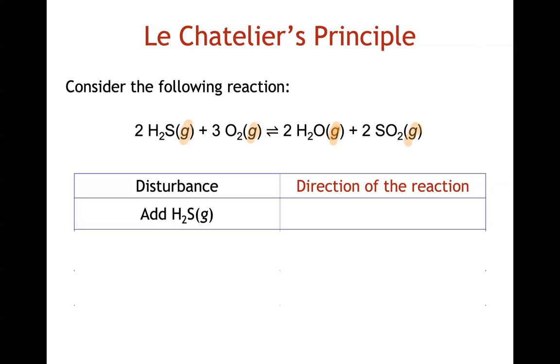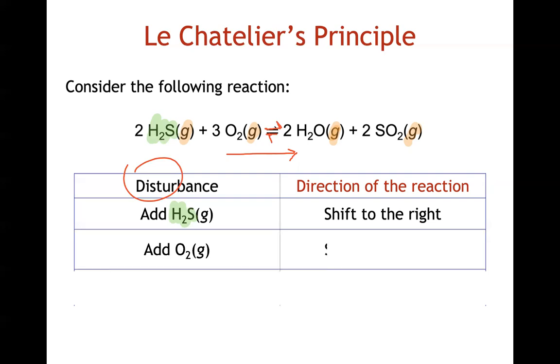Now, what happens if we go in and add more of a reactant, to a reaction that is already at equilibrium, right? We're going to see how it disturbs that equilibrium. If we add more reactant, then the reaction will tend to proceed in the forward direction to form more product. So it's going to shift to the right. What happens if we add more oxygen gas?